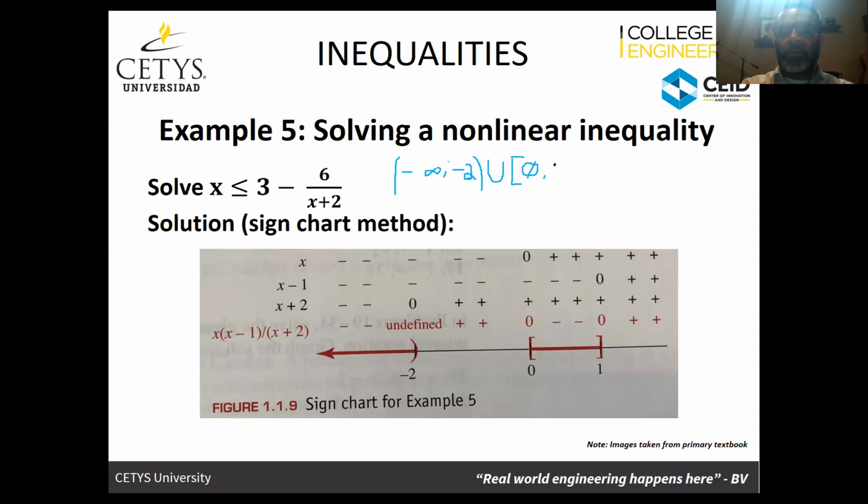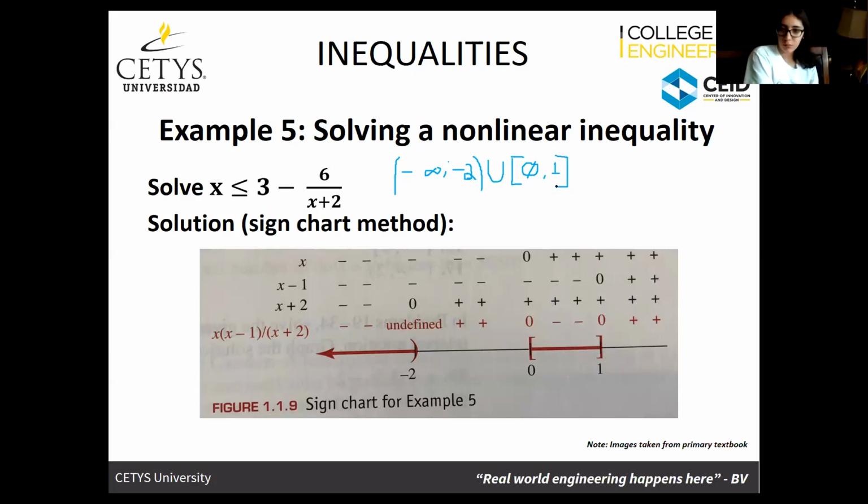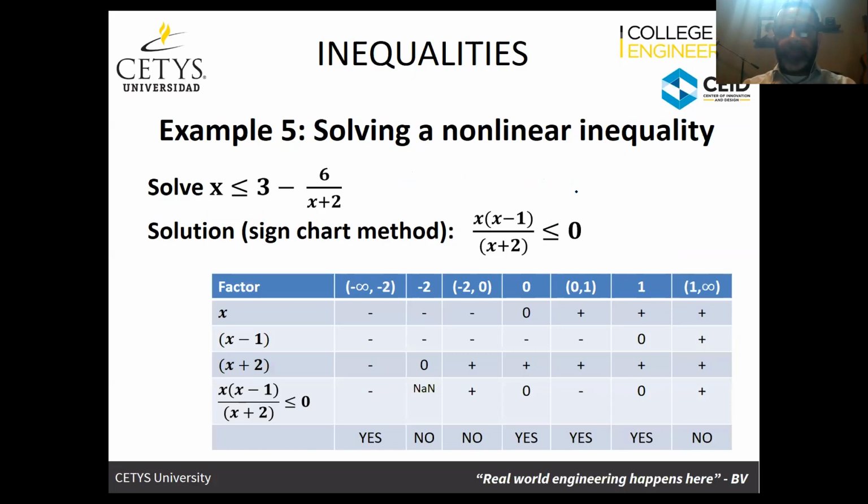Teacher, I have a question. Yes, please go ahead. When we use brackets, do we have to put the union, the U? The union, that's a good question. Let's see, it was Viviana, right? Yes. That's a very good question. The union is because of the following.